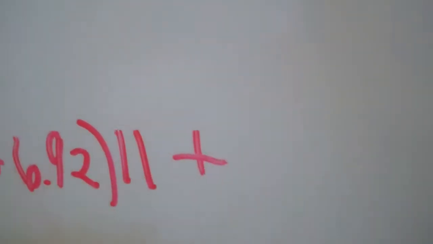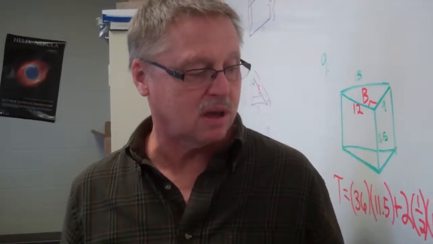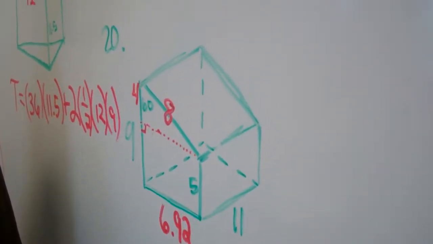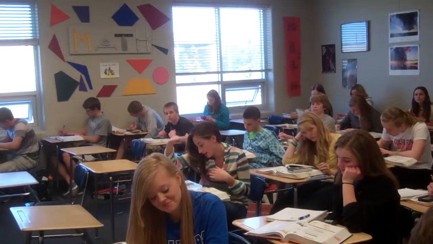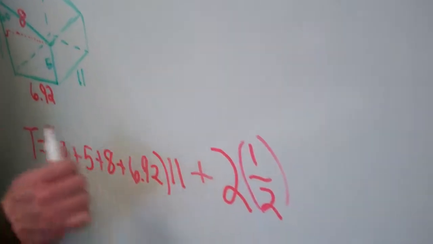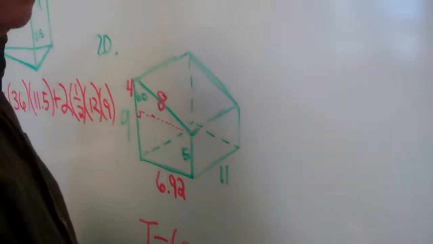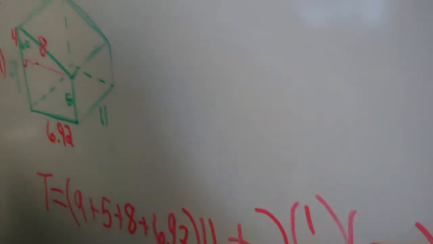Now we got to have the area of those two bases. This is kind of a challenge for you here, girl. How are we going to approach the area of this trapezoid shape? 1/2 of the top and the bottom, I think she means the 5 and the 9, times 6.92. Nice.